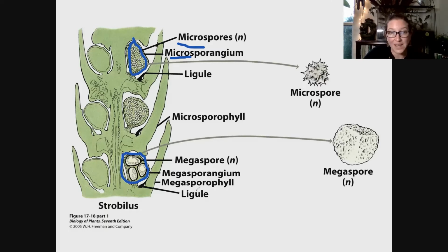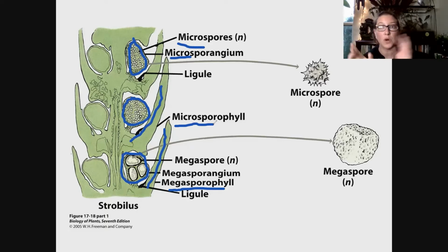So a megasporangium that makes megaspores is on a leaf called a megasporophyll. And here's another microsporangium. A microsporangium is going to make microspores, and is going to be on a leaf called a microsporophyll. So with these terms, sporangium, spore, sporophyll, all we're doing is adding the prefix micro or mega, depending on which one you're talking about.